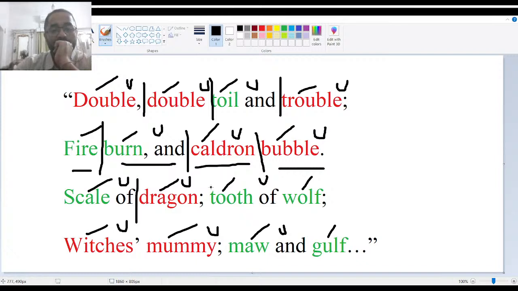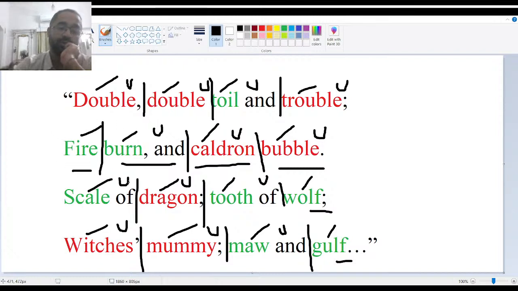Next line, scale of dragon, tooth of wolf, witches, mummy, maw, and gulf. So you have catalectics in the third and fourth lines. In the second line, you have this odd case of a stressed syllable being left out at the beginning of a sentence.